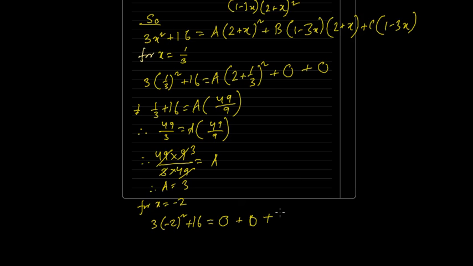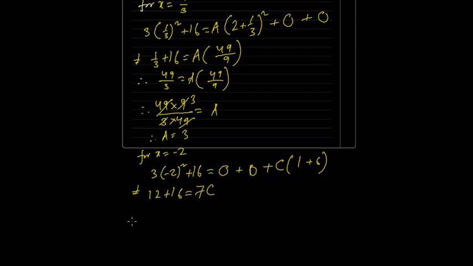If you put it in this term, it would be 1 minus 3 into minus 2, which is plus 6. So minus 2 squared is 4, 4 3s are 12, so 12 plus 16 equals 6 plus 1, 7C. Therefore 28 equals 7C, therefore C equals 28 by 7, which is 4. So A equals 3, C equals 4.